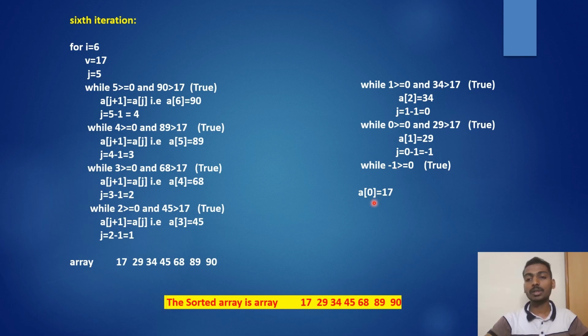Minus 1 plus 1 is equal to 0, then a of 0 is equal to 17. Then 17 will come at the first position, that is at the 0th index of the array. The sorted array is 17, 29, 34, 45, 68, 89 and 90.